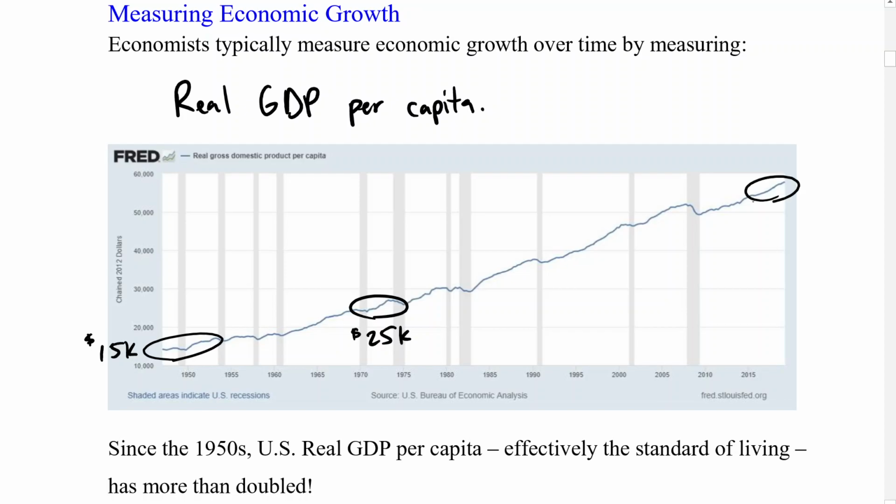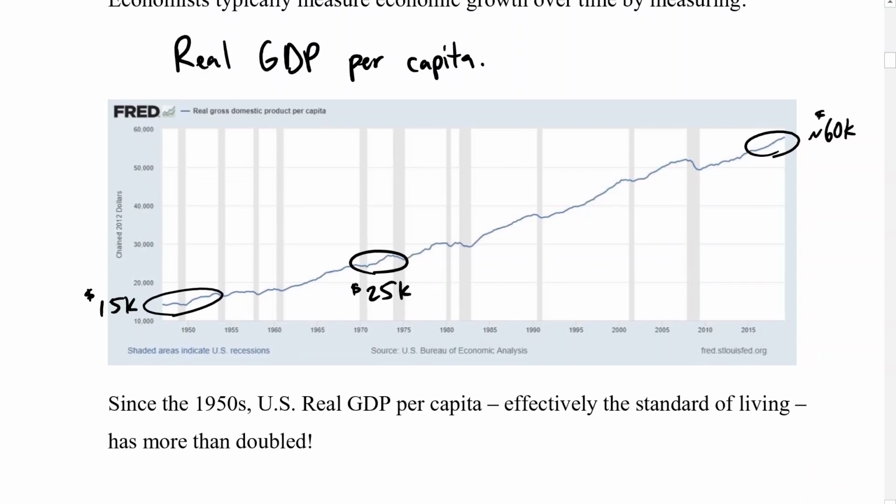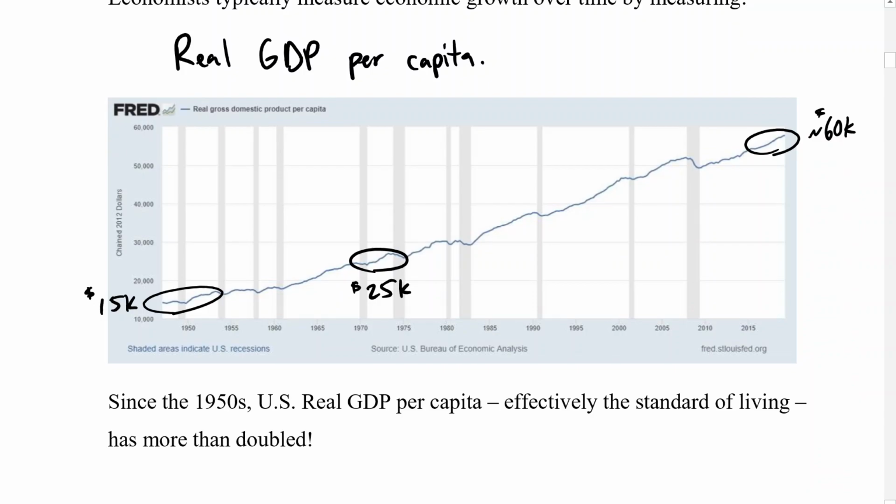And up here now, we're closer to about 60K GDP per capita per year. So since the 1950s, it's more than doubled. Actually, it's about quadrupled. Even in the last 50 years, since the 70s, GDP per capita has more than doubled. So we do see this growth over time.